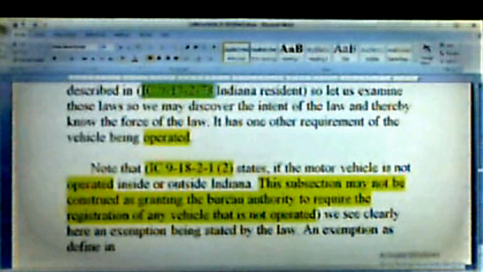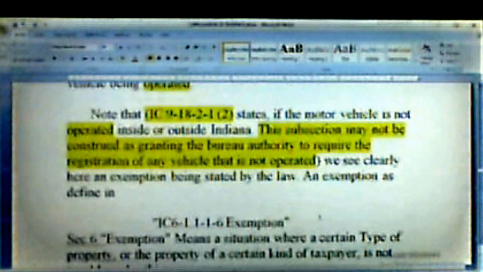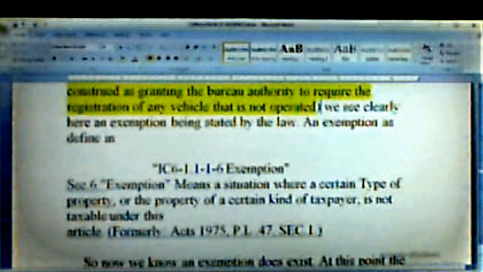So, we stated that if the vehicle's not operated inside or outside Indiana, the subsection 2 may not be construed as granting the Bureau authority to require the registration of any vehicle that's not operated. Alright? We've already stated that there's a clear exemption.